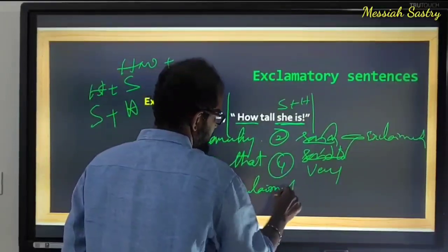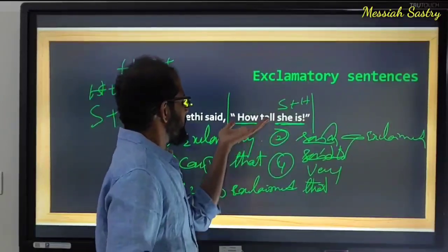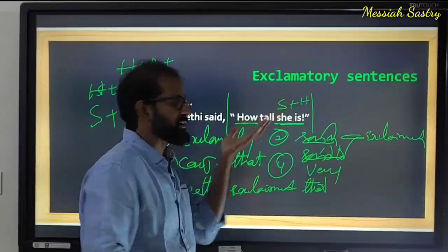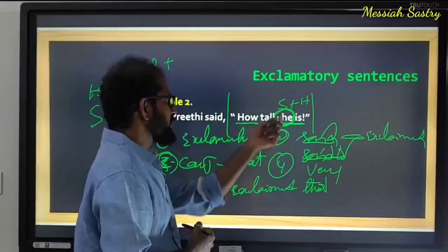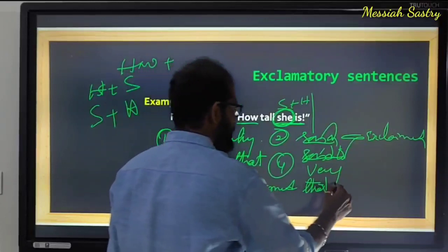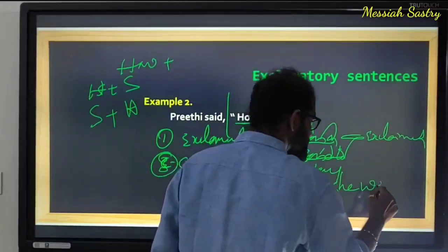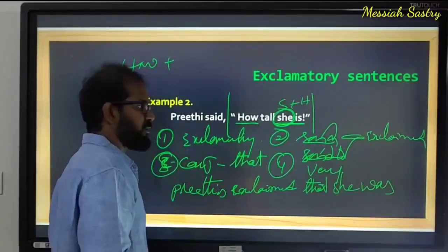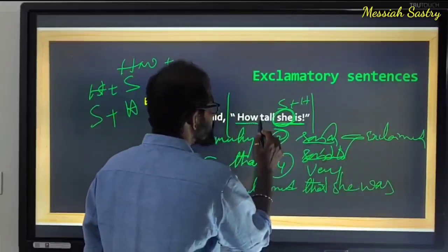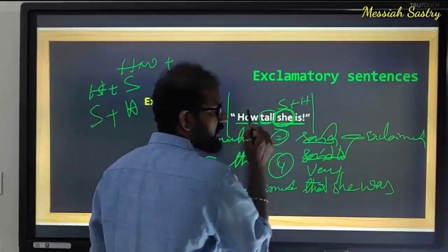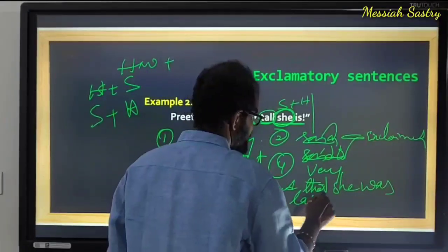Preeti exclaimed that. Now look at the sentence: how tall she is. We are talking about she. So we use she, and is changes to was. Preeti exclaimed that she was. Use very before the adjective. Here tall is the adjective. So we write very tall.